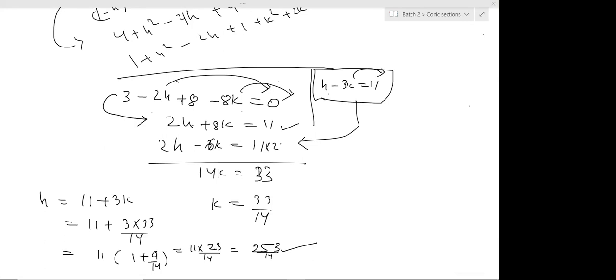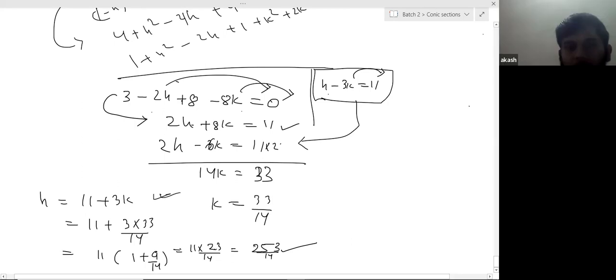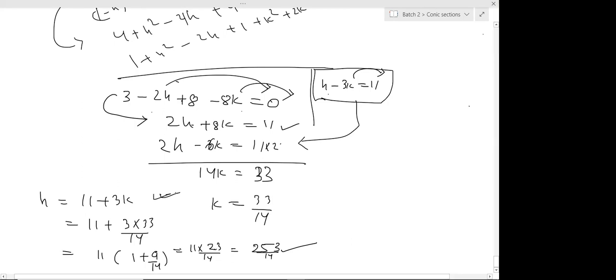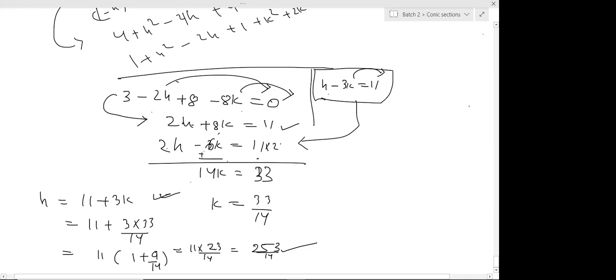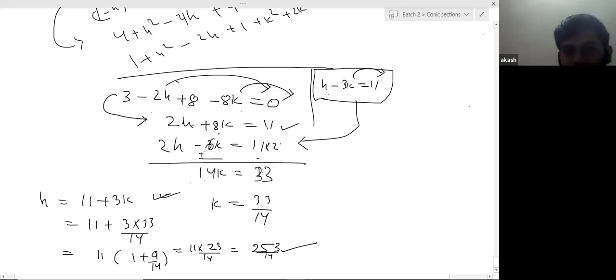Yeah, you wrote in the equation, let's subtraction. Wait, 11 minus 11 into 2. You're subtracting, right? Here, 2h minus 2h is 0, and this minus becomes plus, right? Yeah. 8 plus 6 is 14. This is minus. Okay, got it. So this is wrong. So this is minus 11.